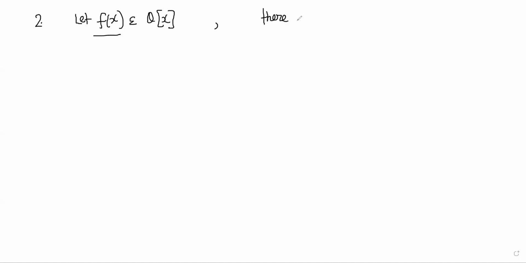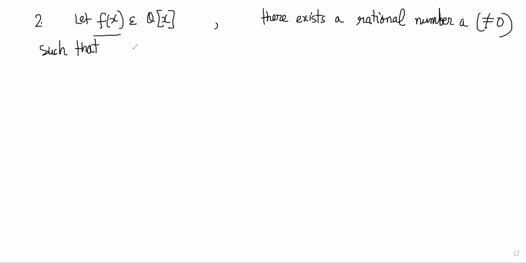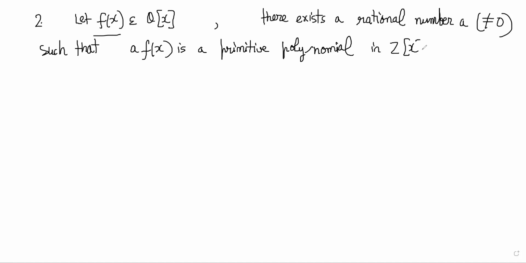There exists a rational number a not equal to 0 such that a times f(x) is a primitive polynomial in Z[x].